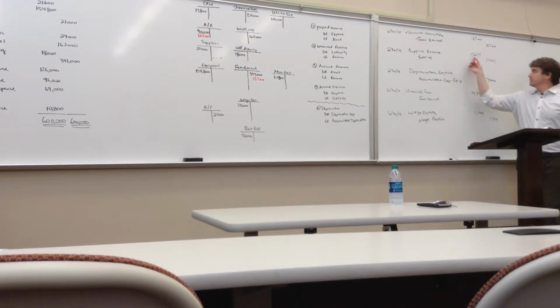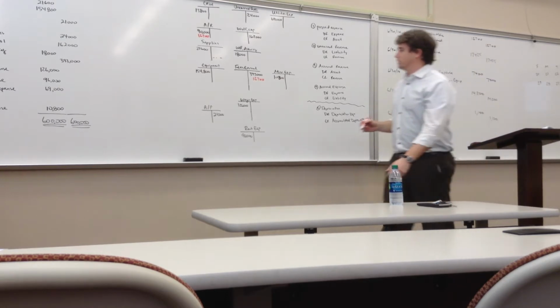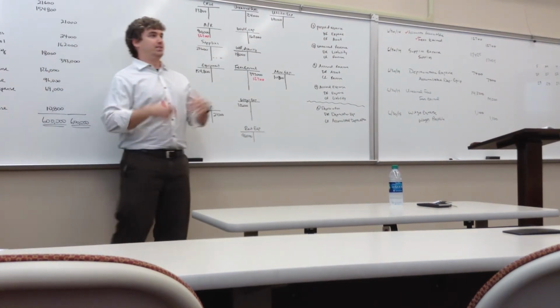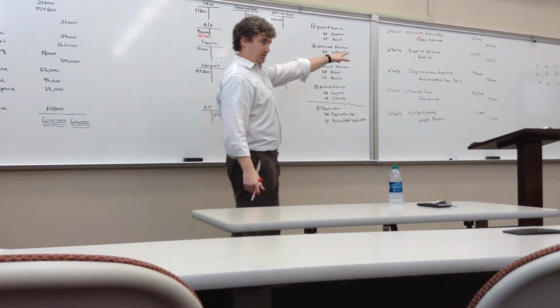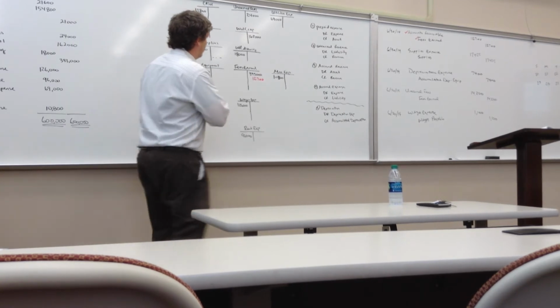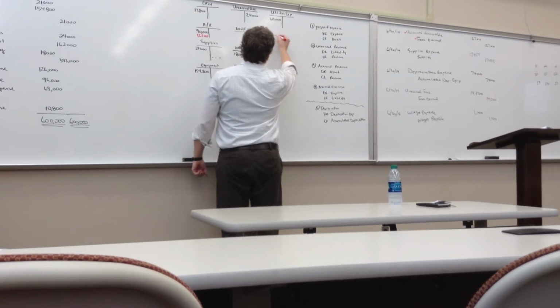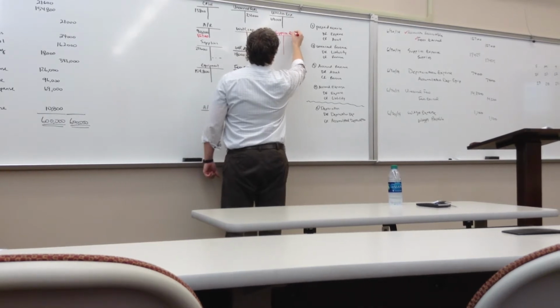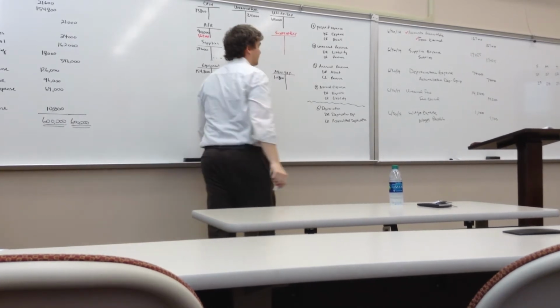Supplies expense, $17,425. You come over here, there is no supplies expense. So we introduced the supplies expense account during the adjustment process. That's no problem. I set up supplies expense. What did I do to it?